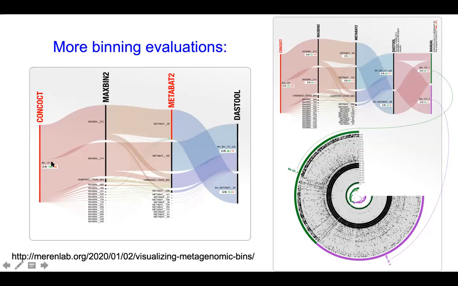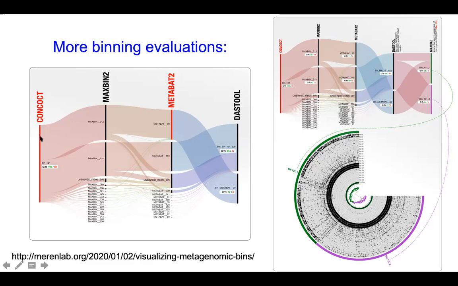These diagrams, the one on the left and the one on the top right, track the fate of each contig across the different binning tools. So it's a visual way of seeing how DASTool operates and how different binning tools operate relative to one another. Flow diagrams, I guess.